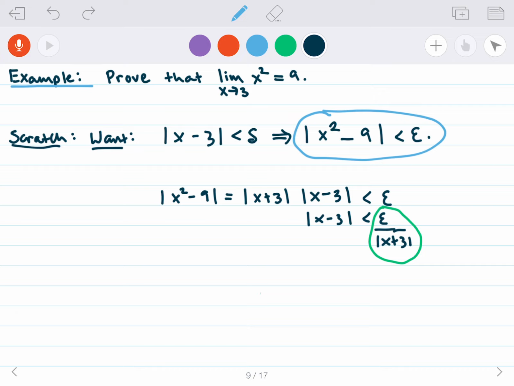Okay, so let me repeat this. x depends on delta, but delta can never depend on x. Whatever I choose my delta neighborhood to be around 3, that's going to tell me where x needs to live and where it can't live.